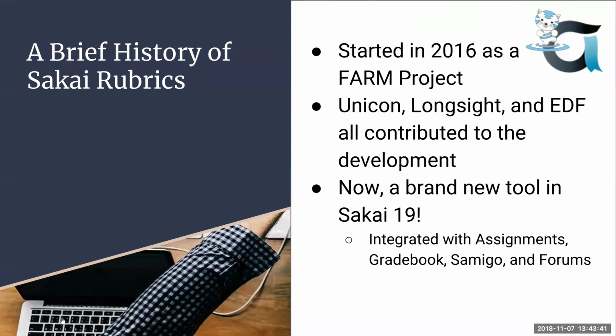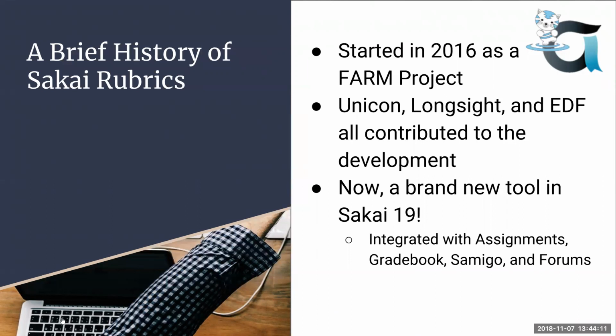This started off as a farm project back in 2016. There'd been a desire for a Sakai native tool, not necessarily a third party, because a lot of folks do use third party tools like iRubric, but there's additional cost to license another application, and then there were additional issues with integrating it and making sure it stays up to date with each version.